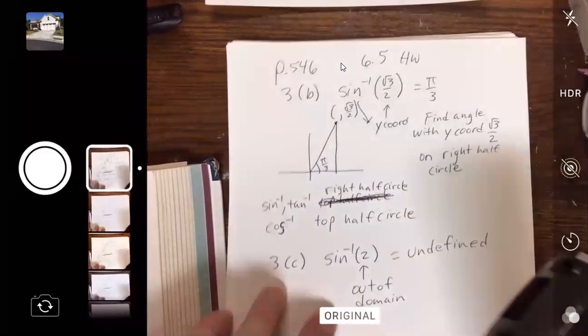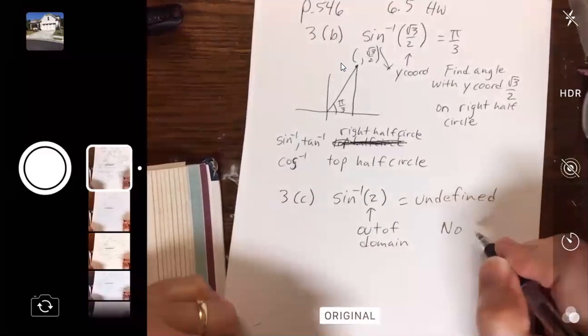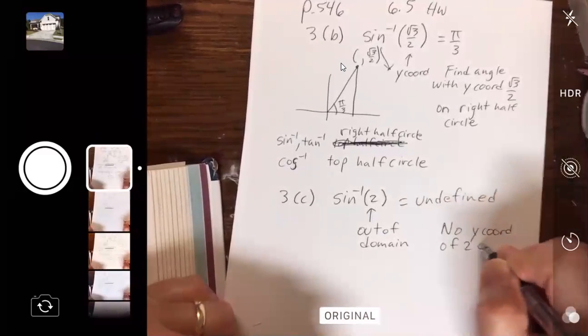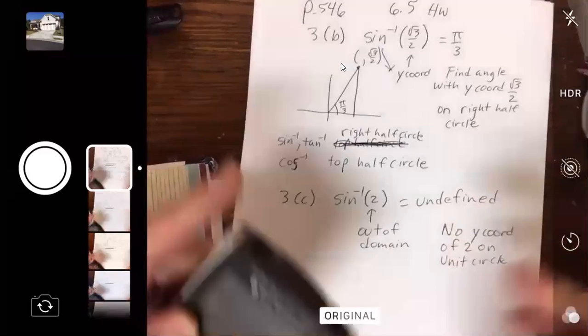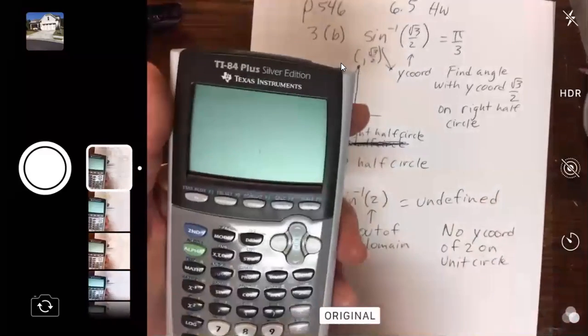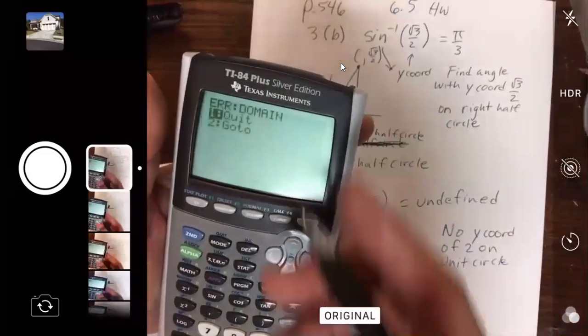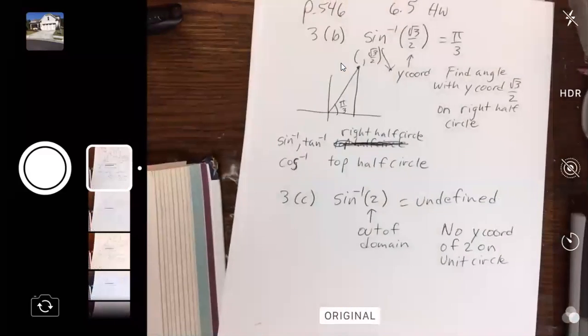There is no y coordinate of 2 on the unit circle. If you punch in arcsine of 2, you get a domain error. That's a signal on the calculator telling you that.